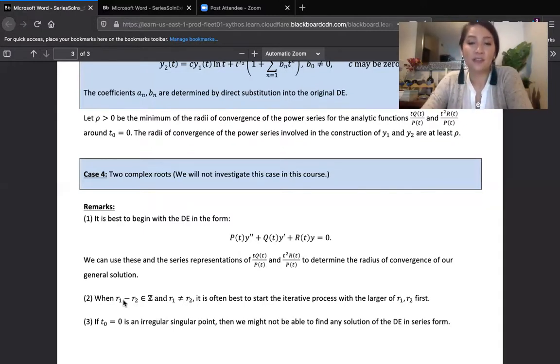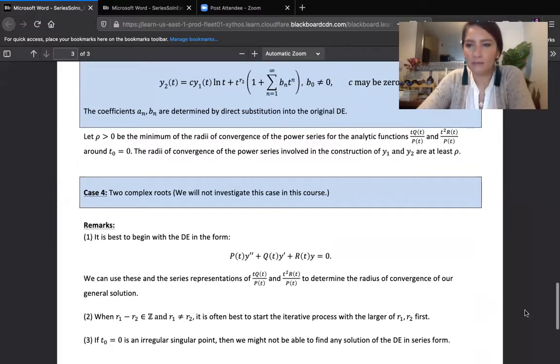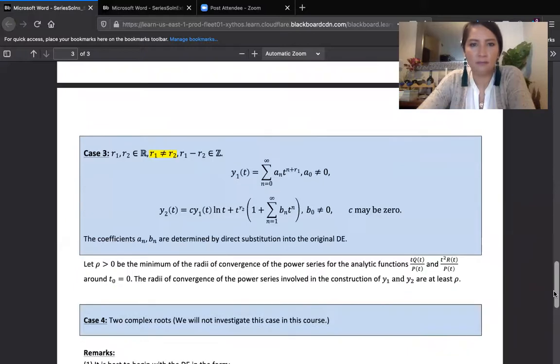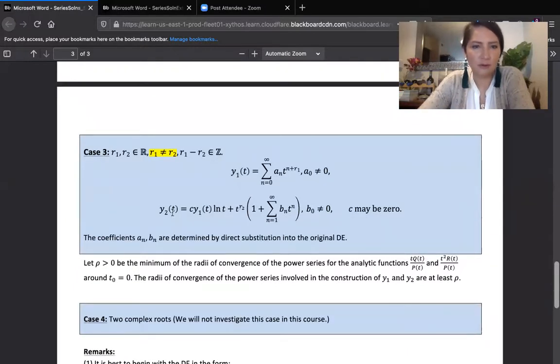And then this second one, the r sub 2, that's what will be substituted over here in case 3. You've got t raised to the r sub 2 times this series, which is just this series plus an extra term.